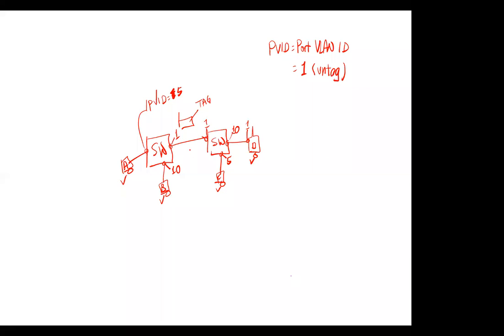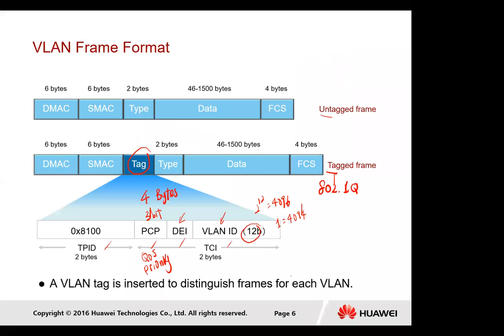When the switch receives it, I know who I should forward to. Should I forward to PC C or PC D? All this is based on the tagging. So that is how we identify with VLAN tagging itself.